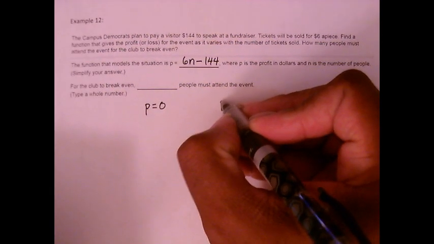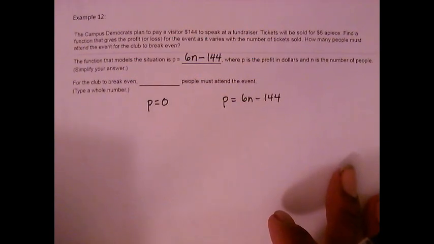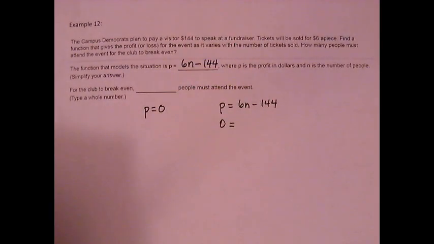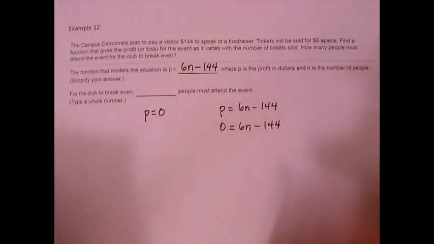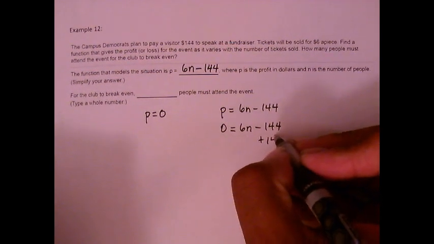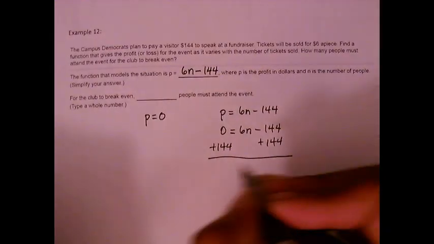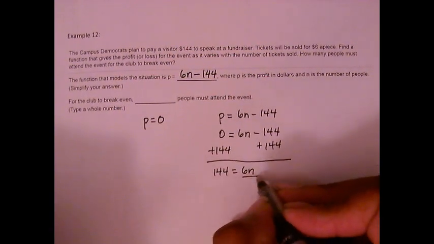The formula is P is equal to 6N minus 144. Your P is going to be 0 because we want to break even, meaning no profit. So it'll be 0 is equal to 6N minus 144. To get the 6N by itself, since we're solving for N, we're going to add 144 to both sides. That means 144 is equal to 6N.